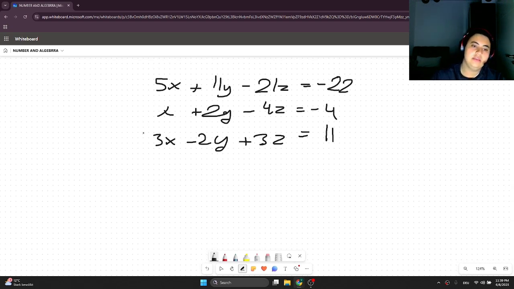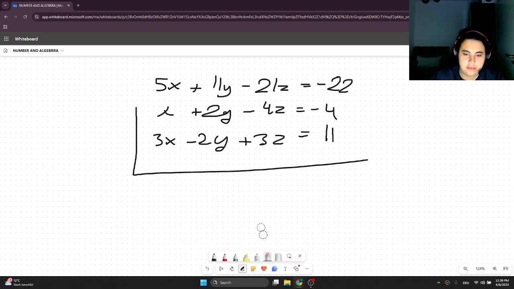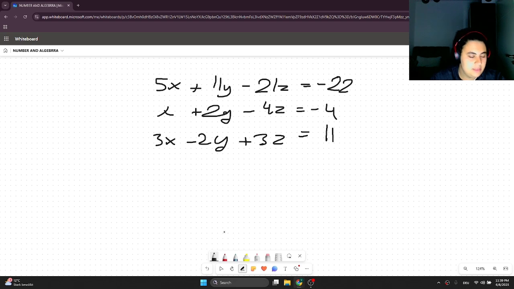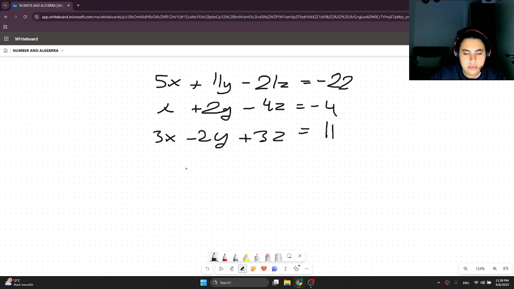So we have these three simultaneous equations, a 3 by 3 system. Now I want to work out x, y, and z. I want to know what x, y, and z are.